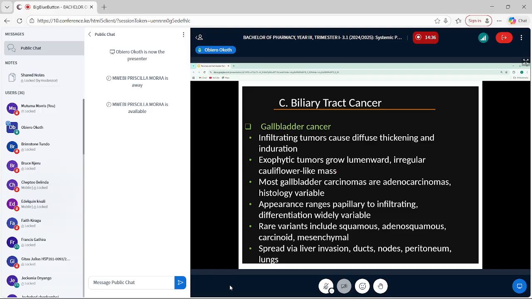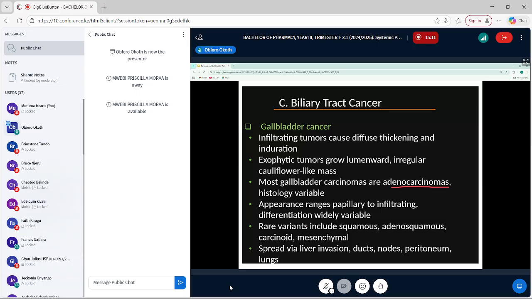Okay. And the gallbladder carcinoma, if you look at the morphology, they can be infiltrating tumors, meaning they infiltrate the wall causing thickening. They can be exophytic, meaning they protrude into the lumen in a cauliflower-like mass, and most of them are adenocarcinomas. They can be other types: squamous, adenosquamous, carcinoid, mesenchymal, from the biliary type or the intestinal type.